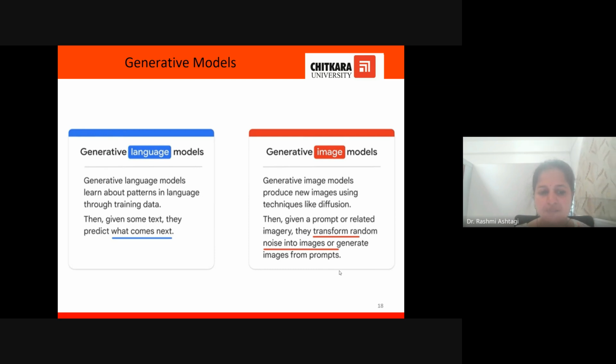Some data will be given and it will predict what has to come next. In the same way we have generative image models, which produce new images for us. I will tell it to draw a sketch of some mountains, and it will draw by itself.